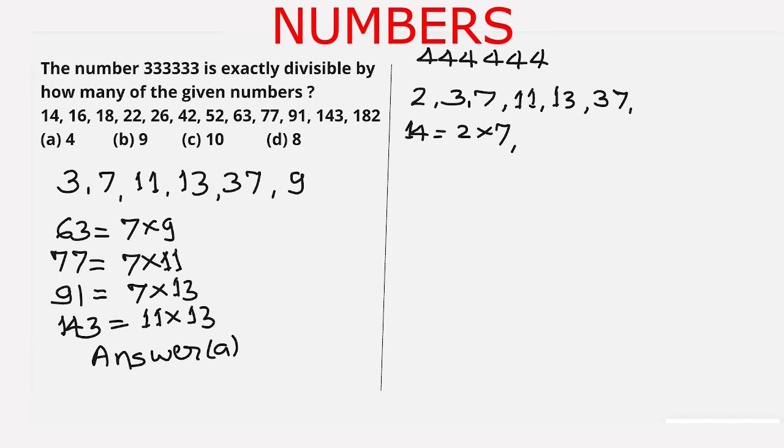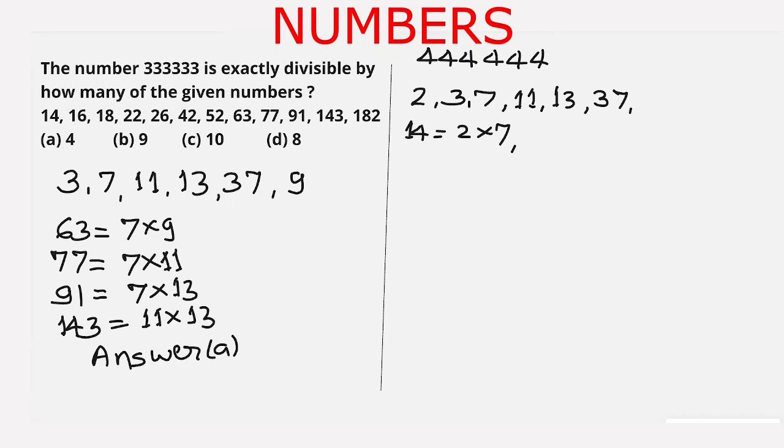So the last 3 digits are not divisible by 8, as 8 times 5 is 40 and the remainder is 4, and again 44 is not divisible by 8, so it is not divisible by 16.